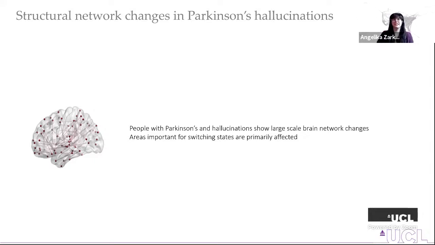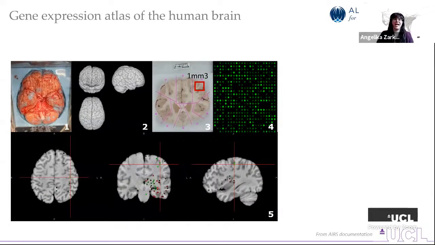So what we did is we used atlases of gene expression of the human brain, specifically the Allen Institute for Brain Science Atlas. What they did is they took the brains of donors who had passed away from unrelated causes, so they didn't have any history of Parkinson's or neurological disease, and they took the whole brain post-mortem and did brain imaging, MRI.